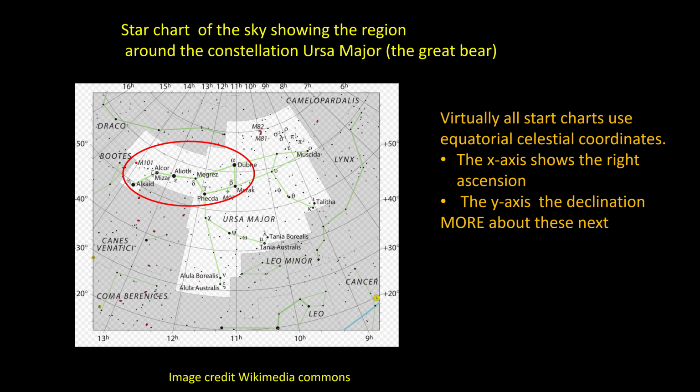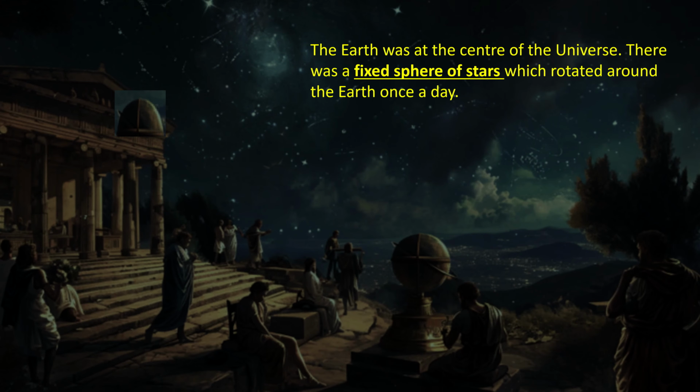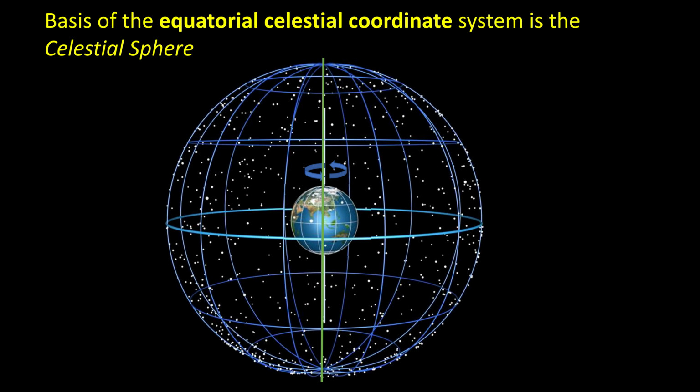Ancient Greek astronomers believed the Earth was at the centre of the universe, with a fixed sphere of stars which rotated once a day, and this was the accepted view of the cosmos until the 16th century. Even though we don't believe the Earth is at the centre of the universe, the basis of the coordinate system is the celestial sphere.